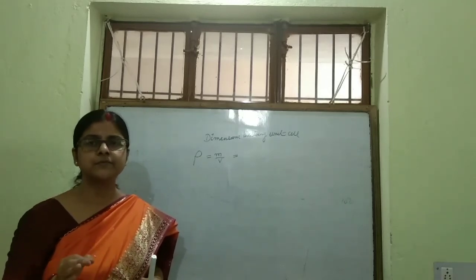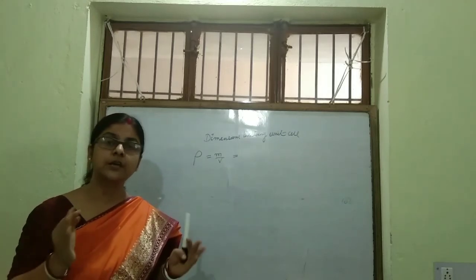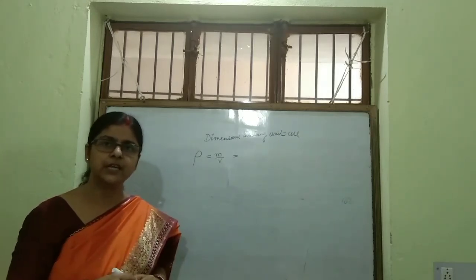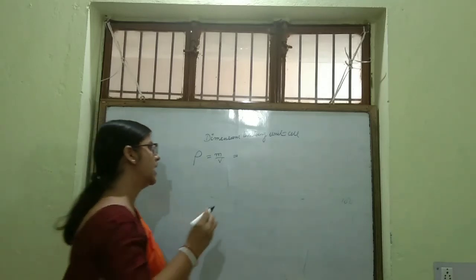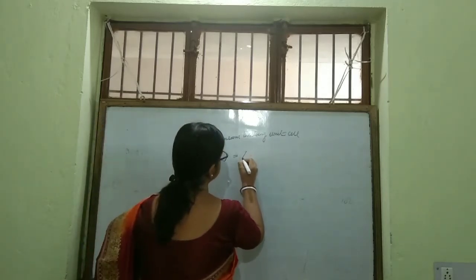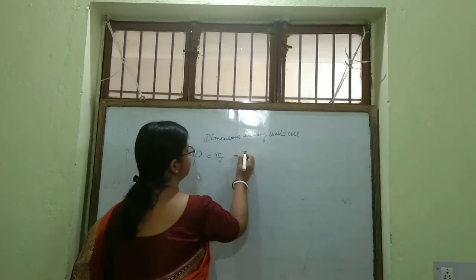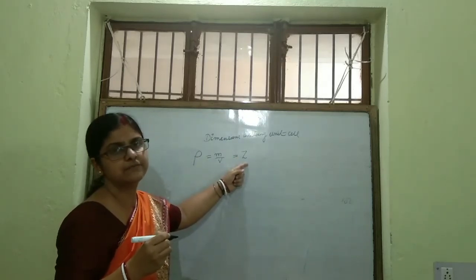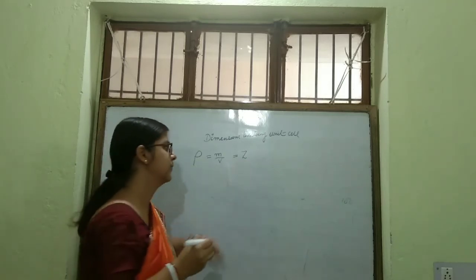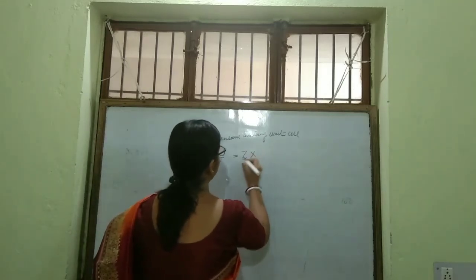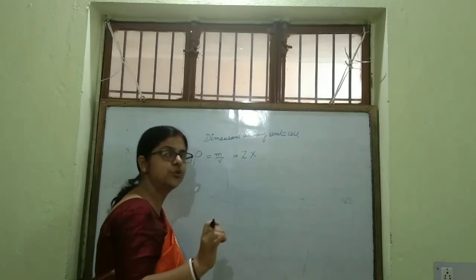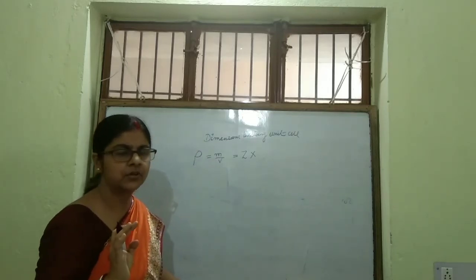Mass of each atom multiplied by the number of atoms present in the unit cell. For the number of atoms present in the unit cell, we write Z. What is this Z? Z is the number of atoms present in the unit cell into the mass of each atom.